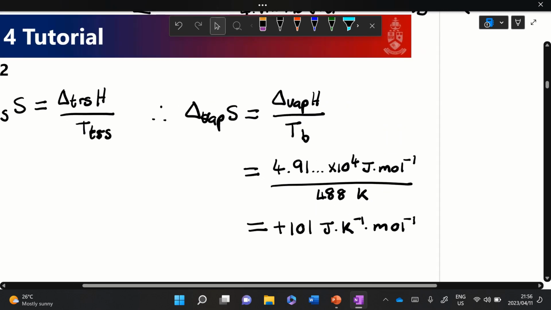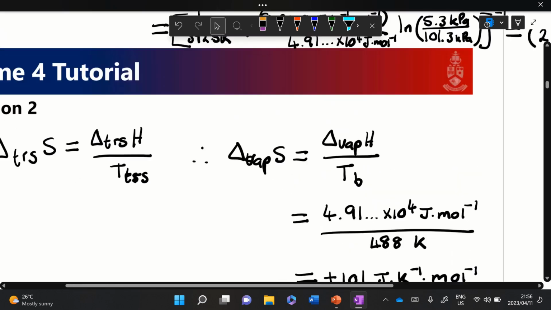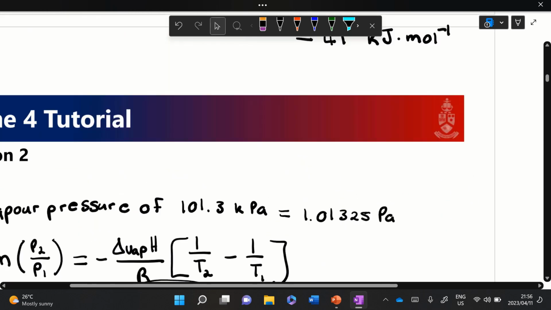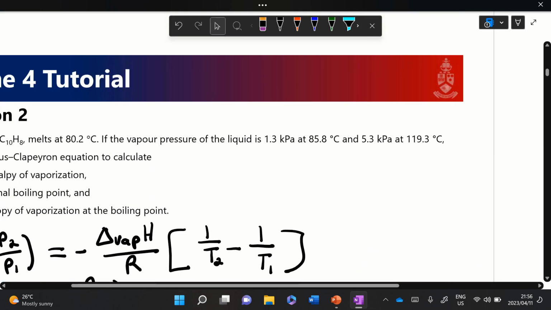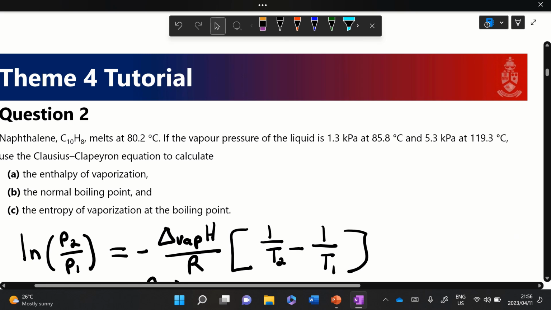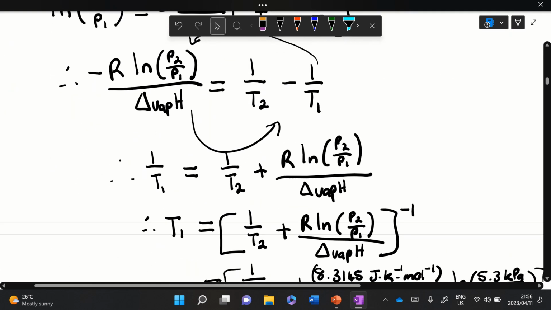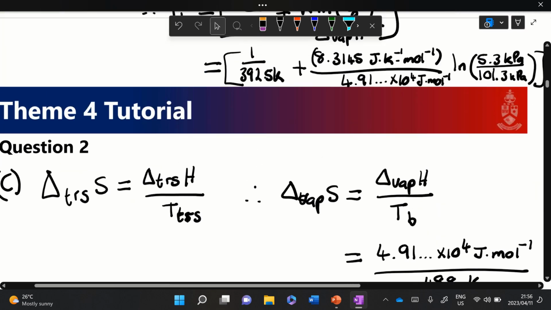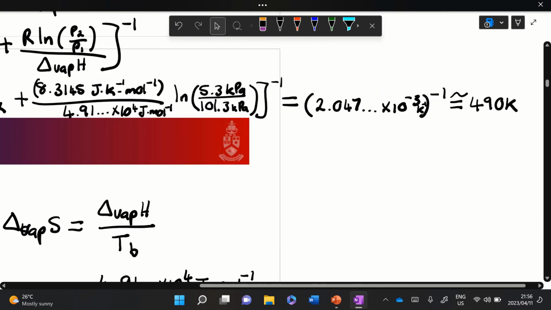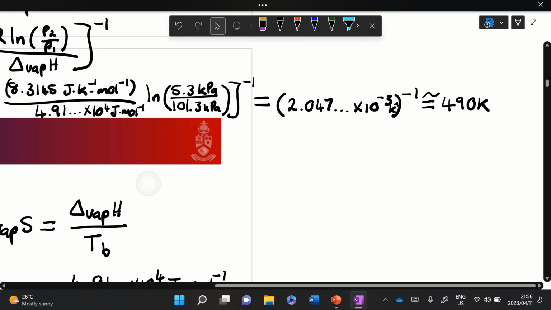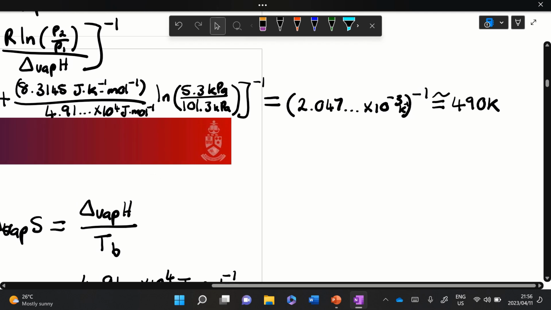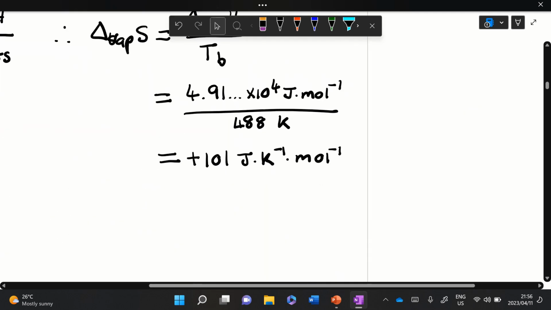Interesting that it is quite large, so it indicates quite an excessive increase in the disorder from the liquid to the gas. But it could also be because of the high-ish boiling point. The boiling point is quite high at 218, or 215 degrees Celsius, so it could be because of that.